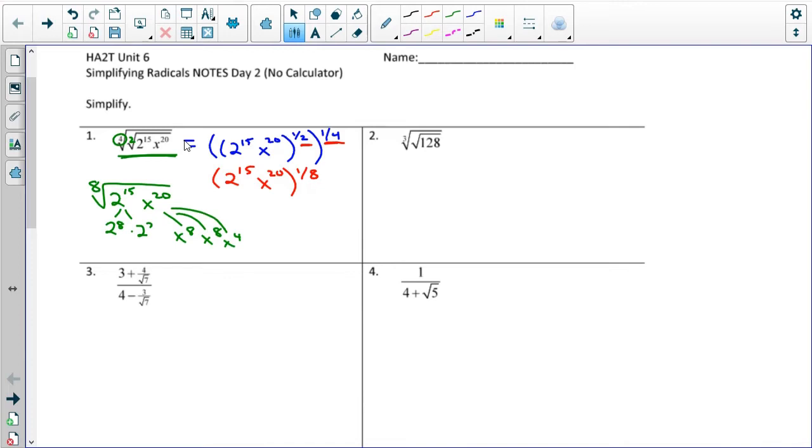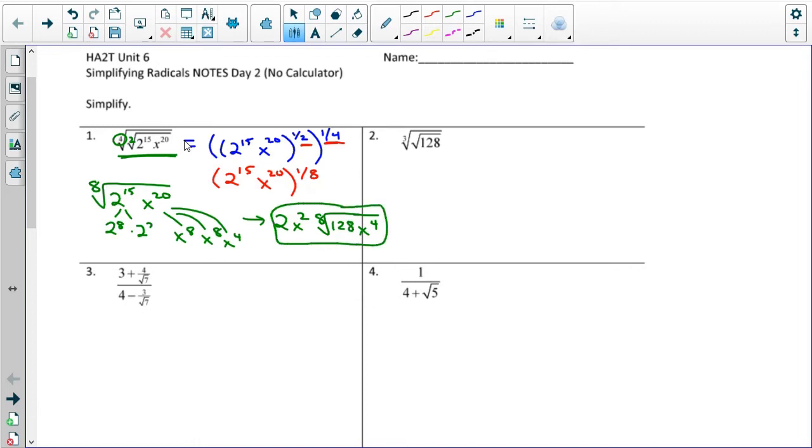So I have a 2 on the outside, and I can have an x squared on the outside. Then I have an 8th root of 2 to the 7th, which is 2, 4, 8, 16, 32, 64, 128. And then x to the 4th. So that would be my final answer there.